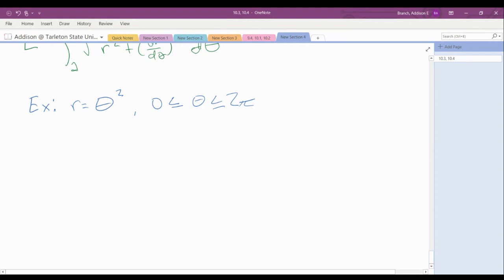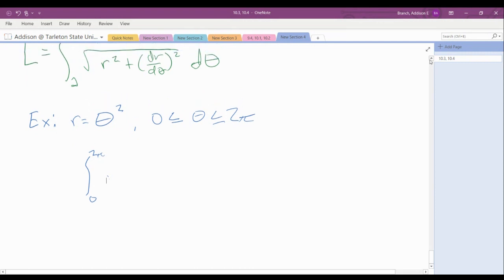They gave us our bounds, so we're just going to assume we don't have to make any modifications: 0 to 2 pi.